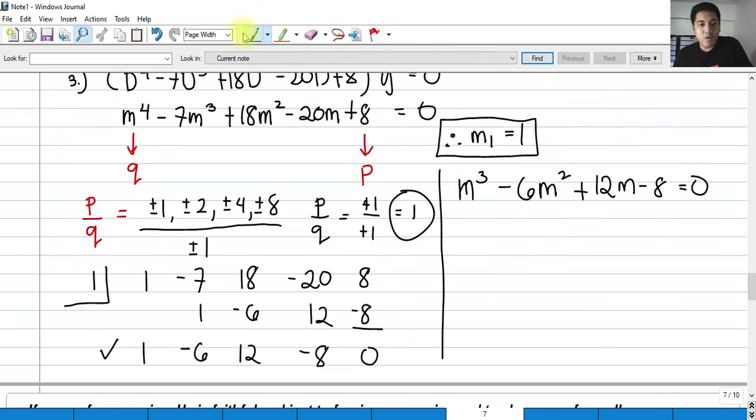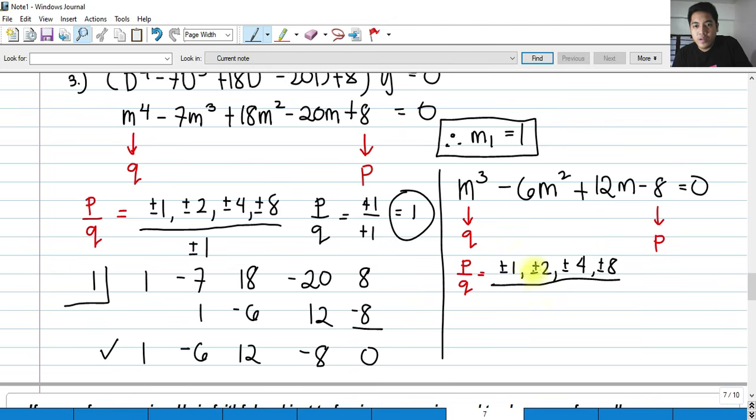And from here, again, we're going to solve for the roots. All of the possible roots, this should be our q, and this our p. The multiples of p over q contain all of the possible roots of this. So we shall be having the same positive negative 1, positive negative 2, that's the multiples of p, positive negative 4, and of course itself.